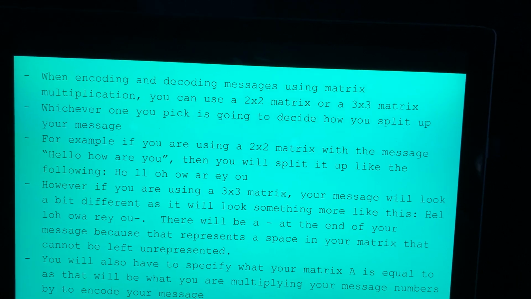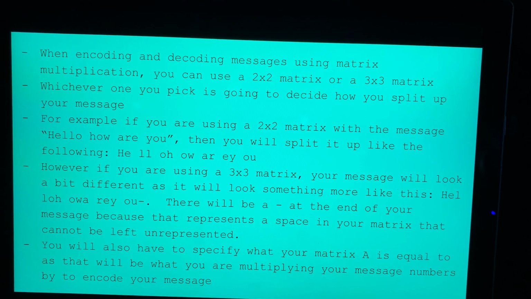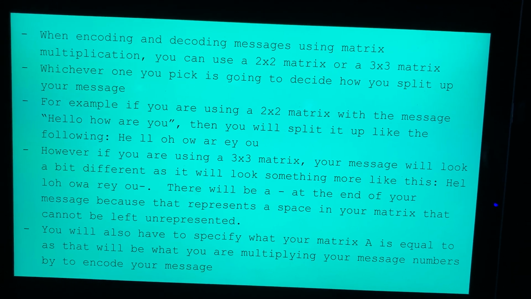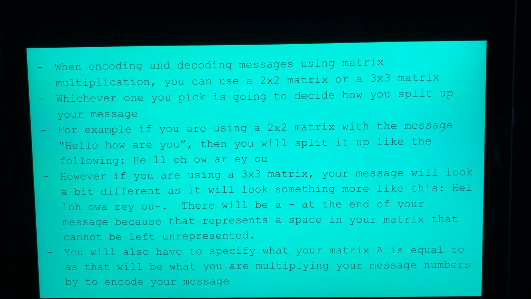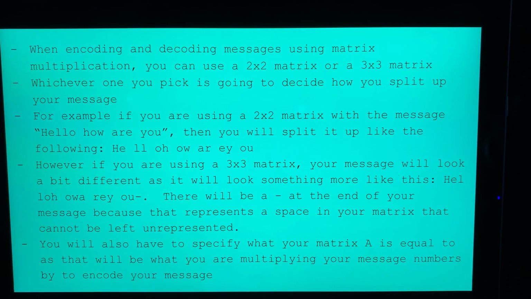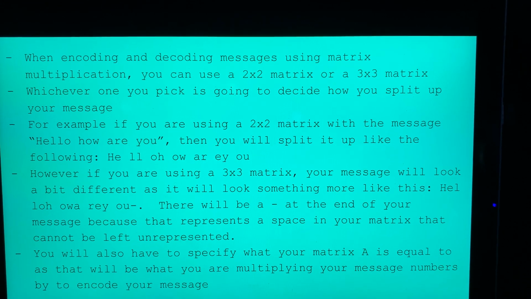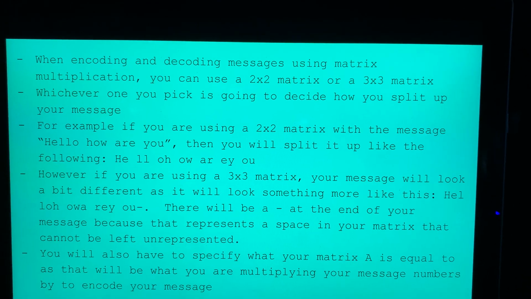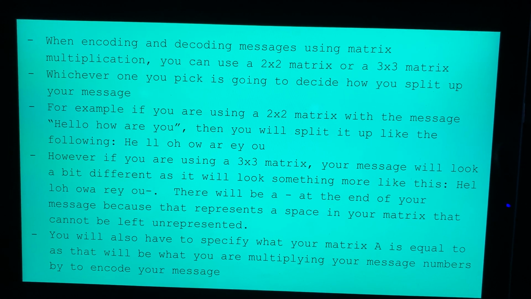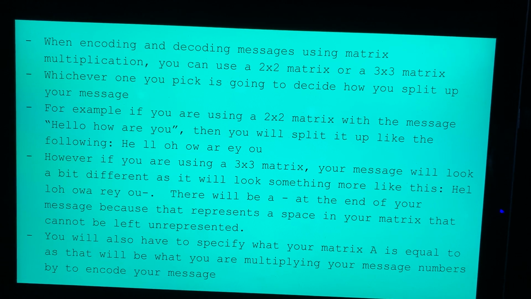However, if you're using a 3 by 3 matrix, your message will look a bit different, as it will look something more like this. And it'll be split up into 3 by 1 matrices, and this will be HEL, LOH, OWA, REY, OU and a dash.